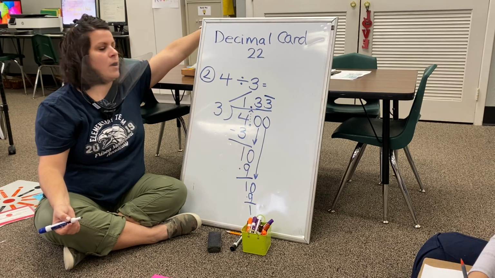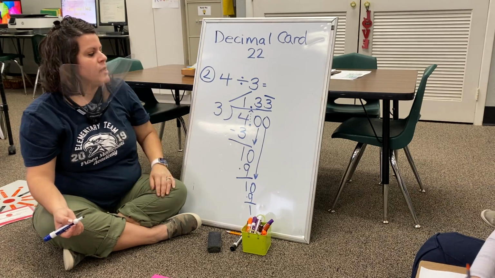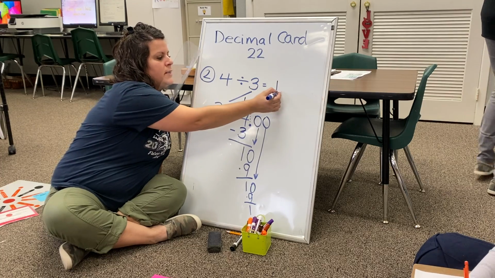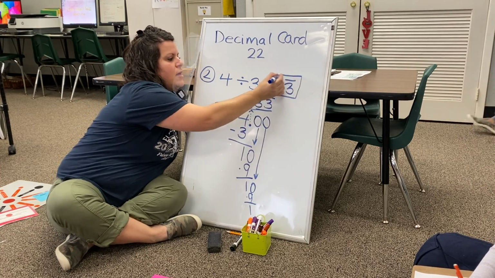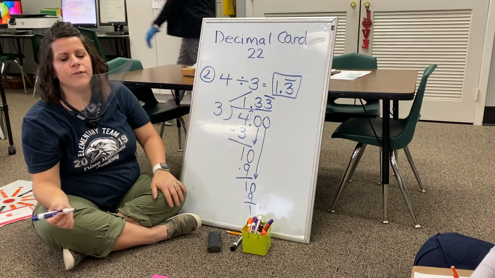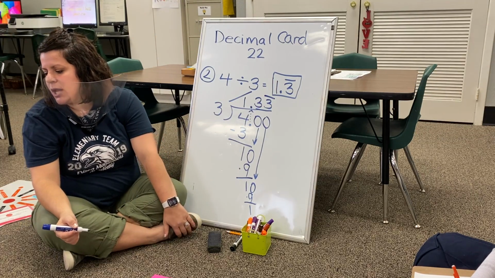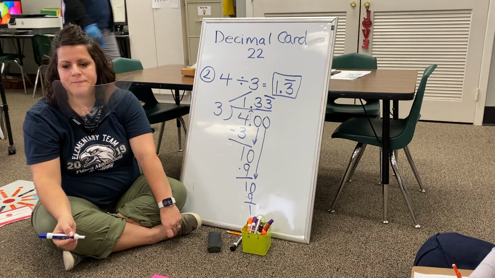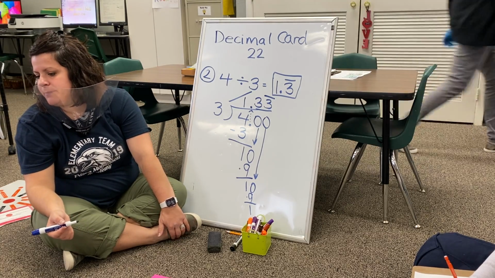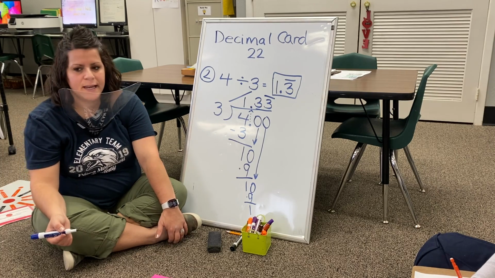So this means 1.3 repeating. You put a bar over the repeating number to show that that number is repeating. Okay? So 1.3 repeating.